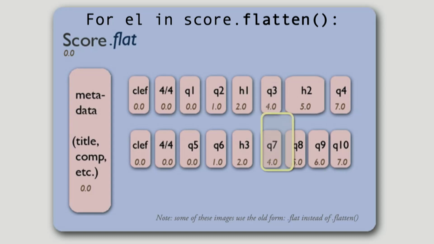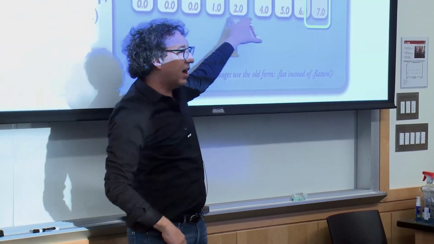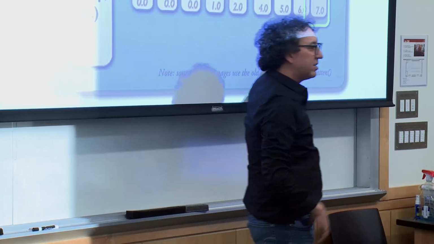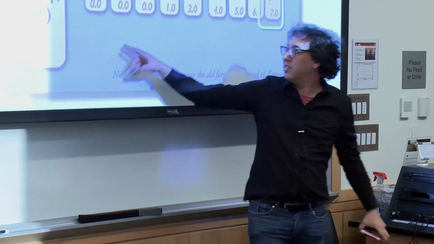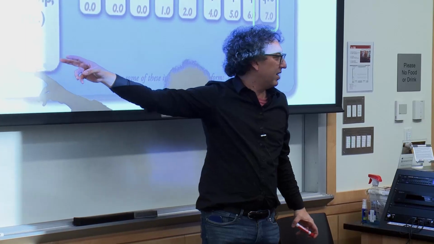When you have a half note here, we'll get both quarter notes before getting to the other thing. The other thing that flatten does that's different is you'll see the offsets are now, because it's flattened, all relative to the start of the score.